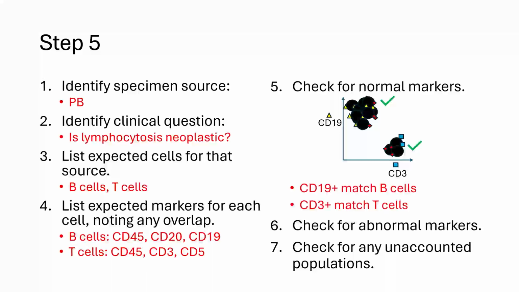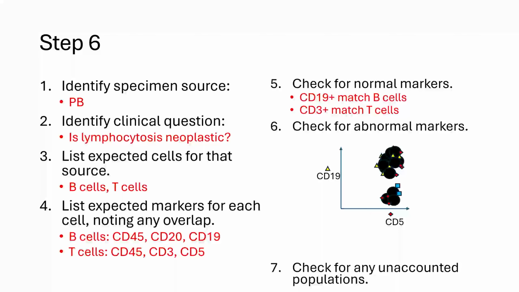CD19 matches B cells and CD3 matches T cells. Then we check for abnormal markers. We use CD5 as an abnormal marker. In this chart, CD5 is expressed on the CD19 expressing cells, which is abnormal for B cells.